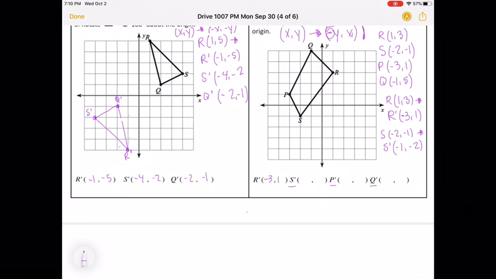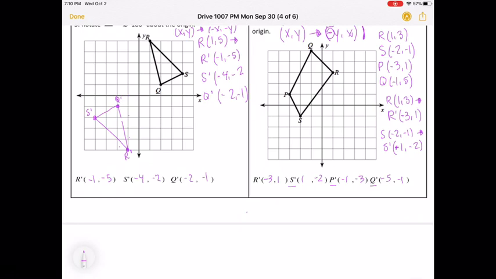But since we're making that new x negative, it's also making it opposite. So if it's negative now, you should have (1, -2) for S prime. Okay, P, you should have gotten (-1, -3). And for Q, you should have gotten (-5, -1).